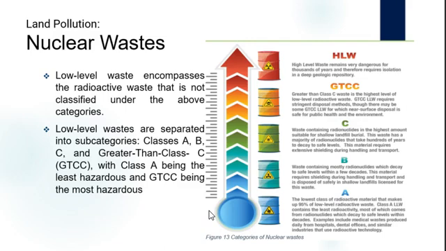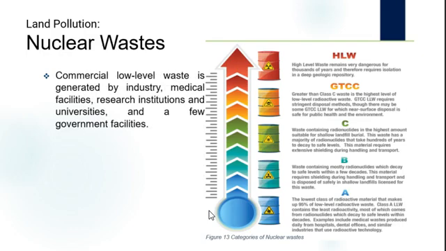Low-level wastes are separated into subcategories from Class A, B, C, and greater than Class C or GTCC, with Class A being the least hazardous and GTCC being the most hazardous. Now, commercial low-level waste is generated by industry, medical facilities, research institutions, universities, and a few government facilities.